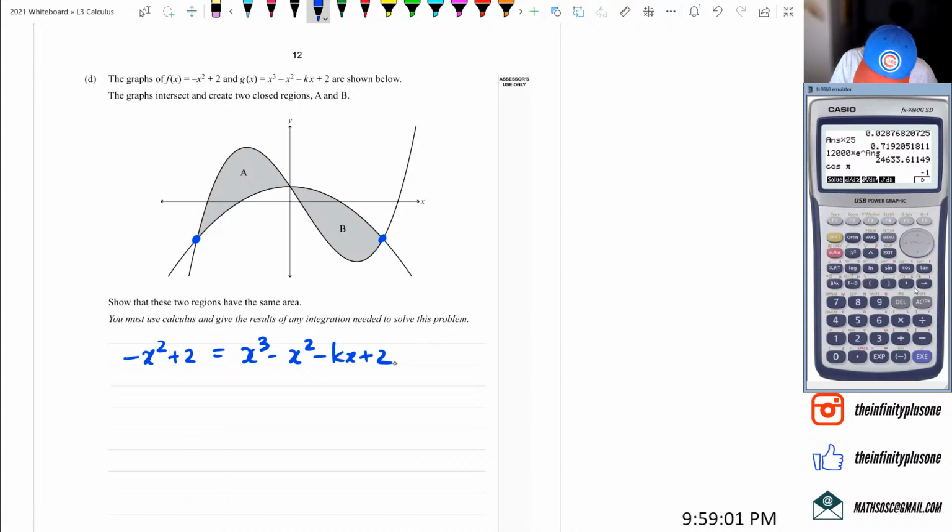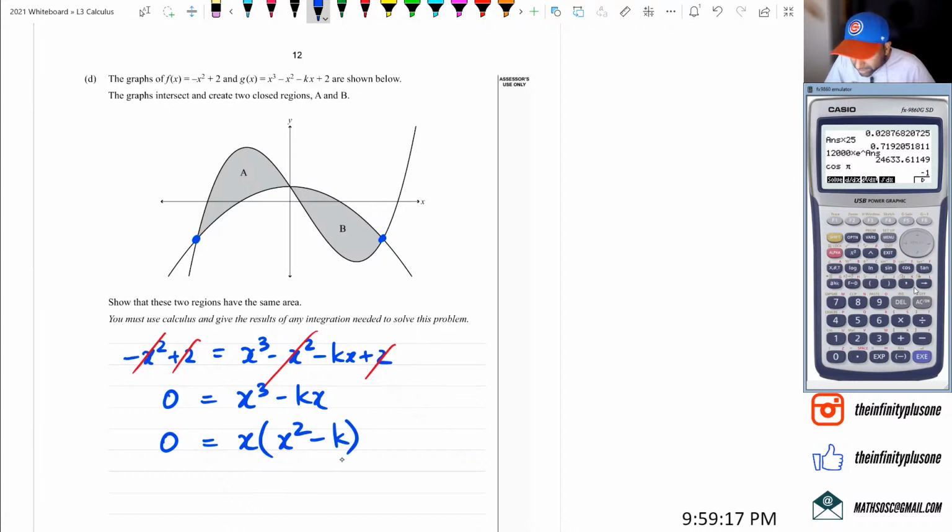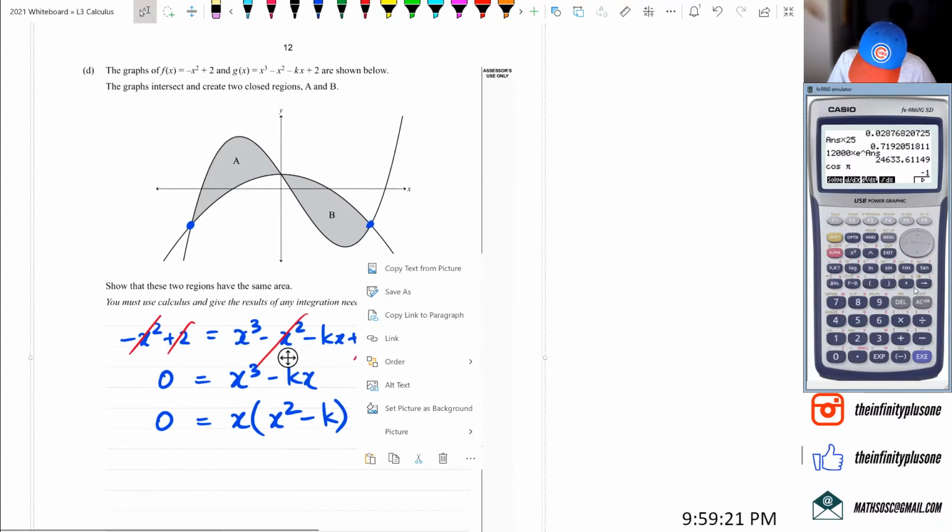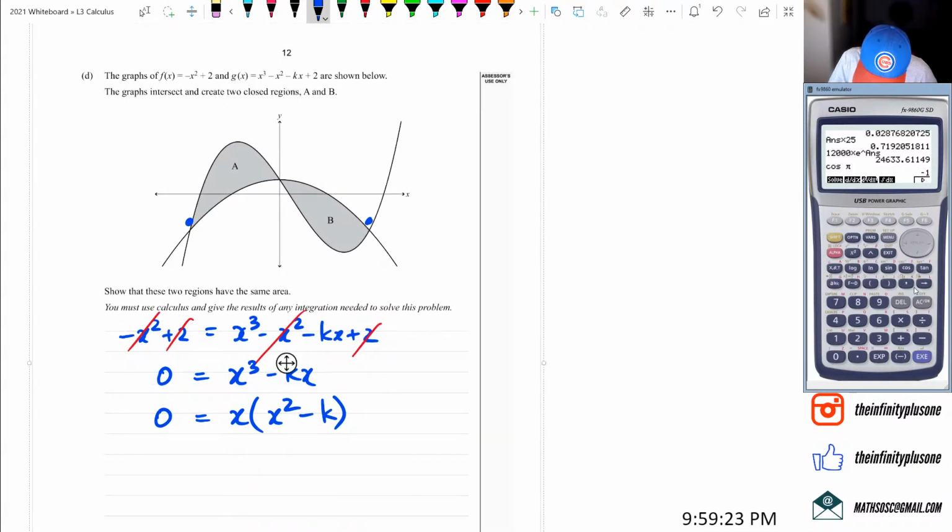So I've got negative x squared, which I can cancel out. Positive 2 and positive 2 cancel out. What I'm left with is 0 equals x cubed minus kx. So 0 equals x times x squared minus k. So here I've got x equals 0, or x squared minus k equals 0.